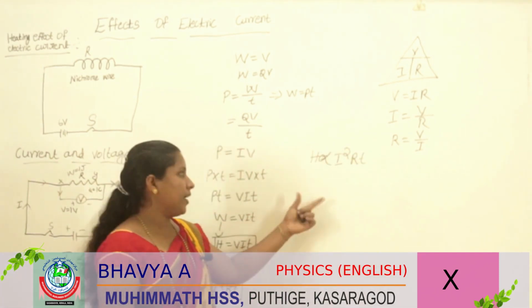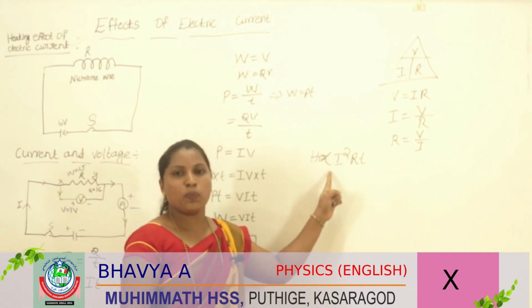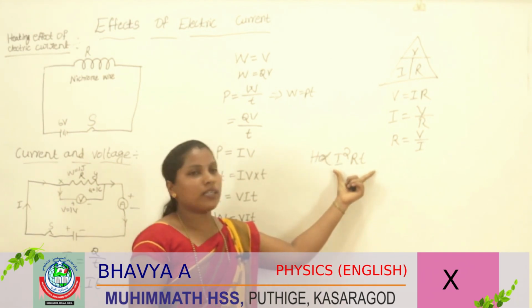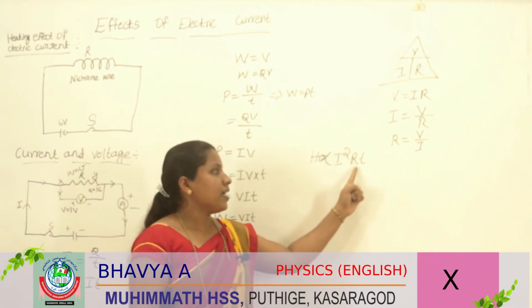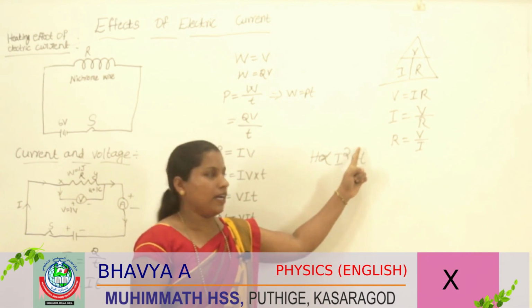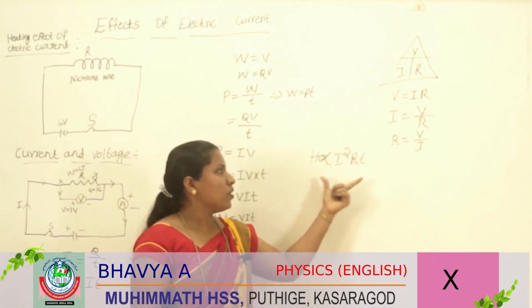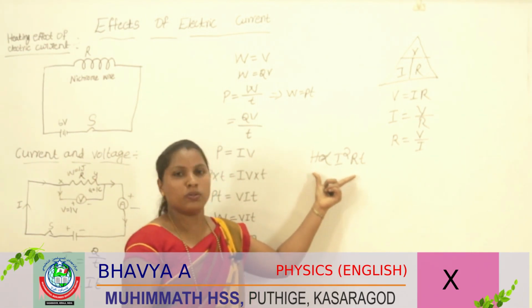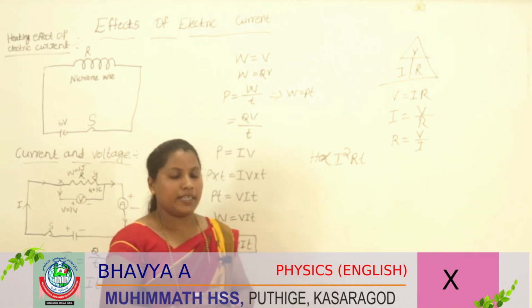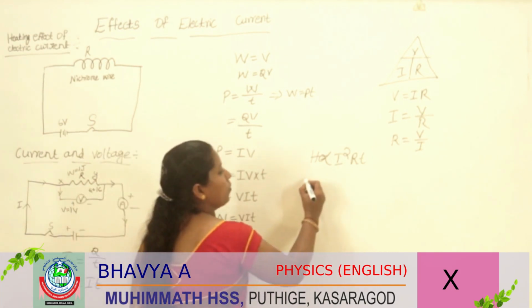Joule's law states that heat generated in a conductor is directly proportional to the product of the square of the current in a conductor, the resistance of the conductor and the time of current flowing. So this equation is called Joule's law. H is equal to I square RT.